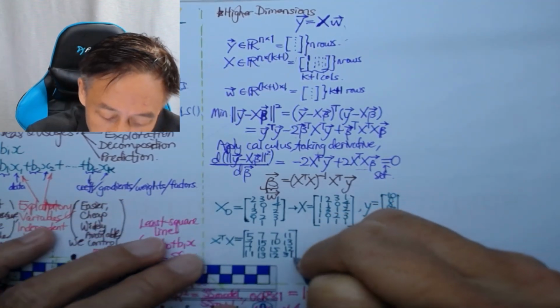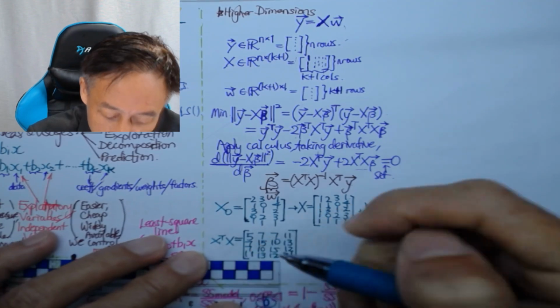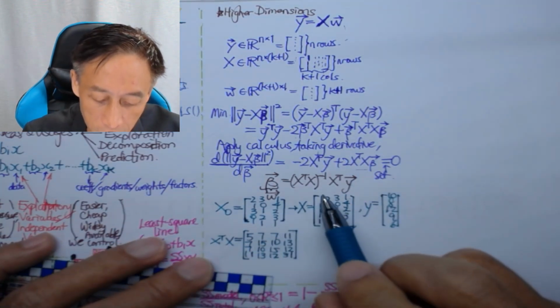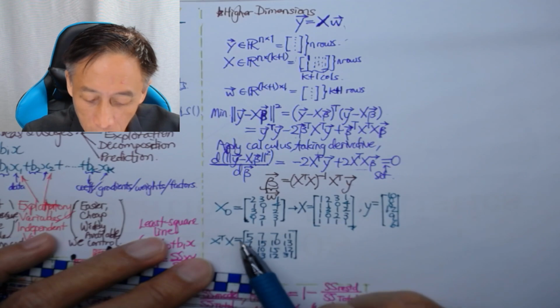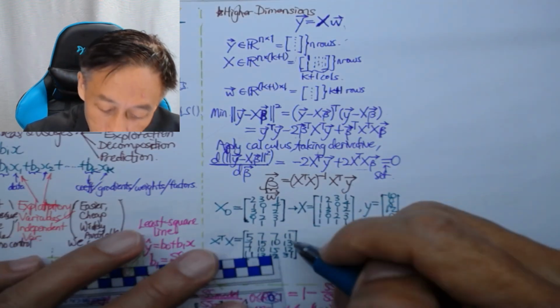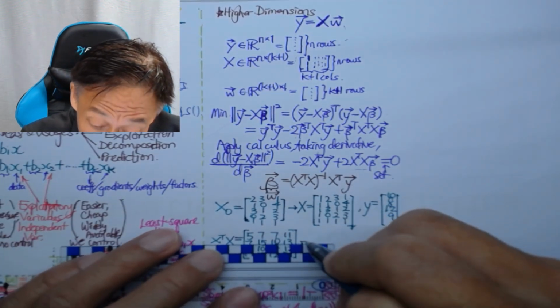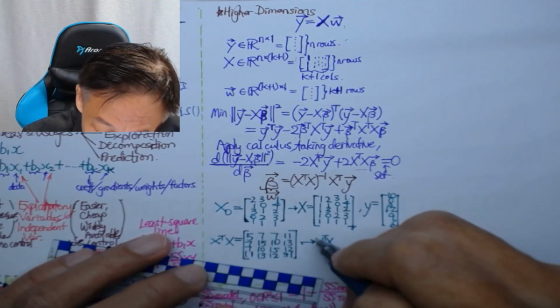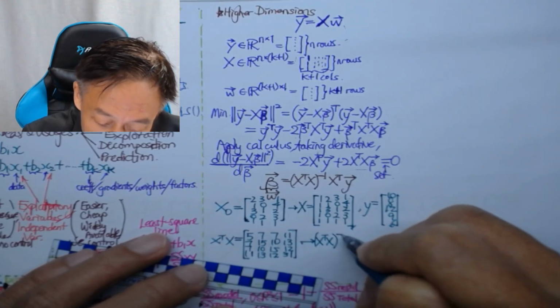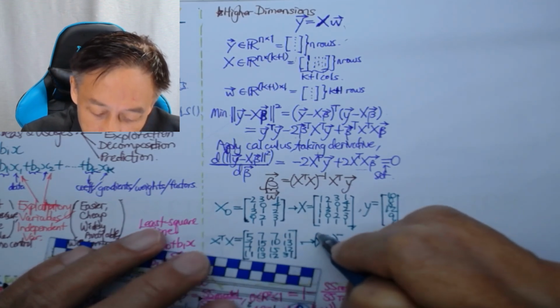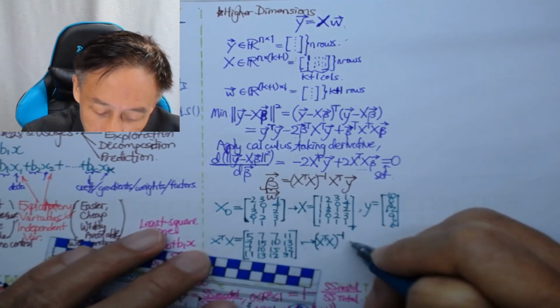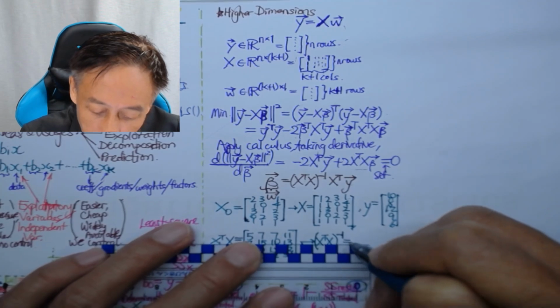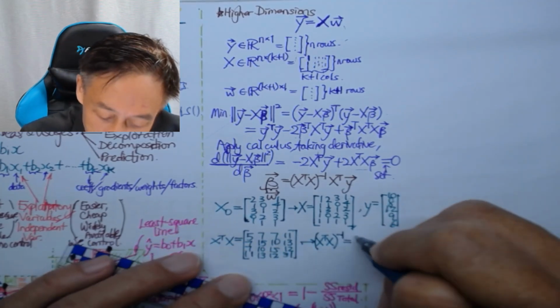Now, all these will be done through software, right? But I want to illustrate it more like sequential steps. This is X, we transpose it, then we multiply, and then we are able to obtain the X transpose X inverse. That means we just treat this as, for example, a matrix V, and take the inverse. The inverse of a matrix is a matrix.